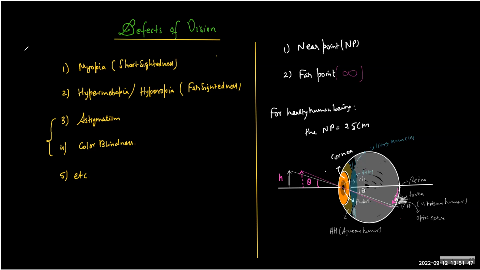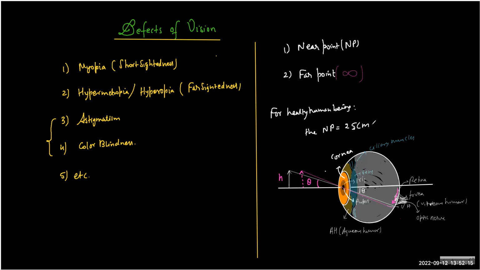Okay. So the far point for a healthy eye is taken as infinity. The near point, as I said, varies from age to age, but this may be the World Health Organization (WHO) standard. I don't know who has decided. I never found any text regarding the decision behind 25 centimeter, but now it is like a de facto standard which you need to believe.